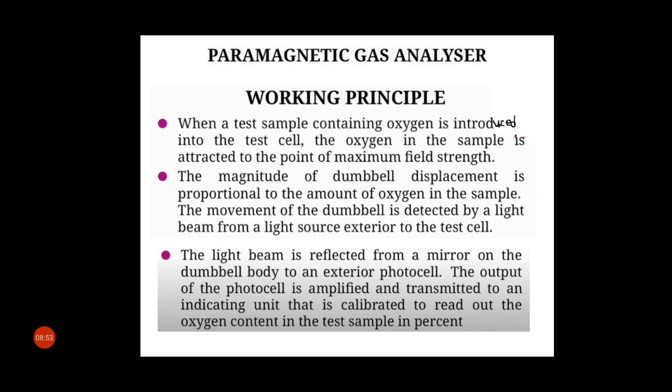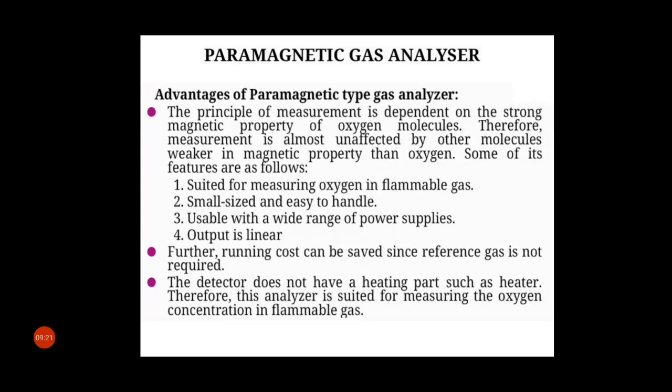The movement of the dumbbell is detected by a light beam from a light source exterior to the test cell. The light beam is reflected from a mirror on the dumbbell body to an exterior photocell. The output of the photocell is amplified and transmitted to an indicating unit that is calibrated to read out the oxygen content in the test sample in percentage.